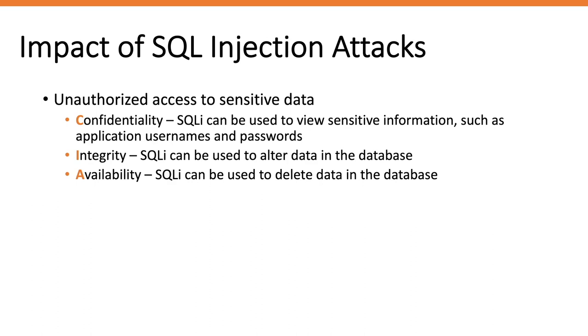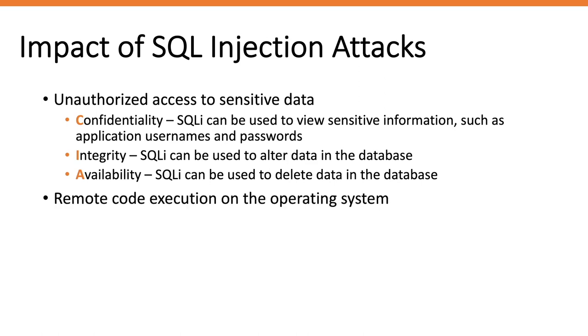It also affected the availability of the application, because when I reset the user's password, I denied access to the user's account. And of course, in certain scenarios, SQL injections could actually lead to remote code execution on the operating system, and that affects confidentiality, integrity, and availability all at once.